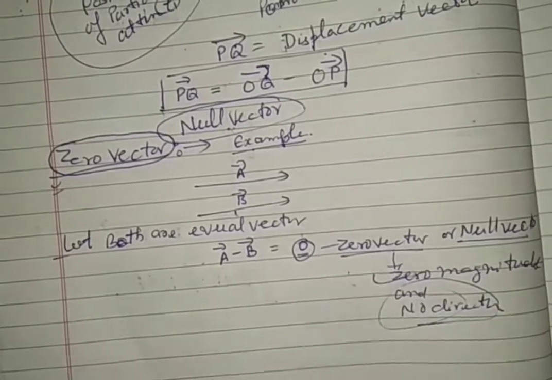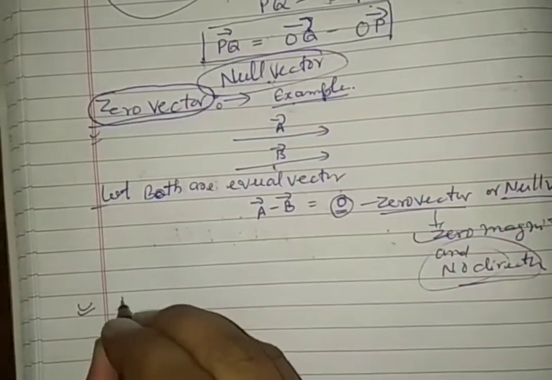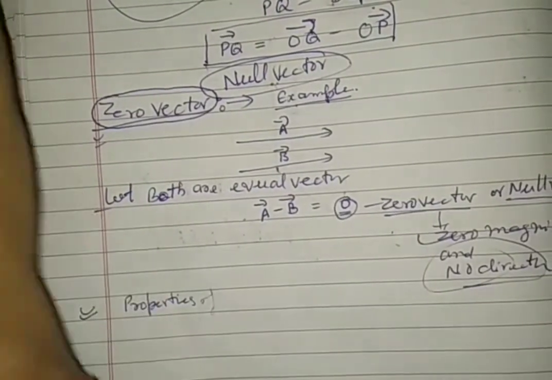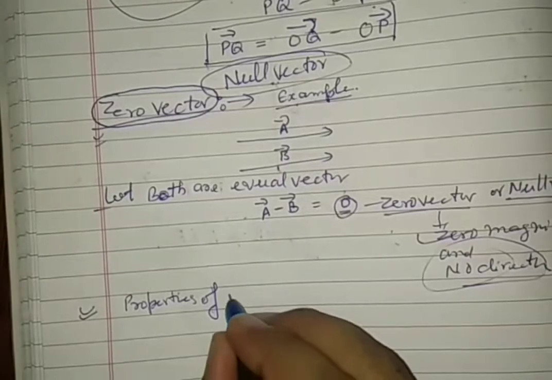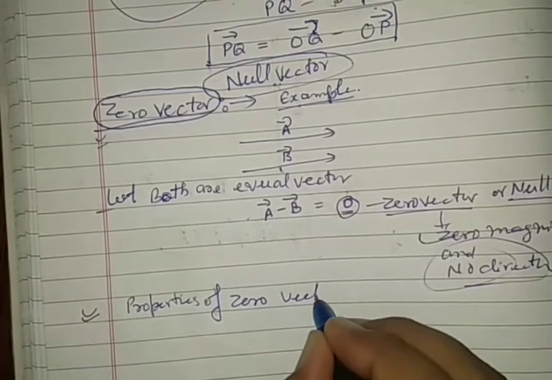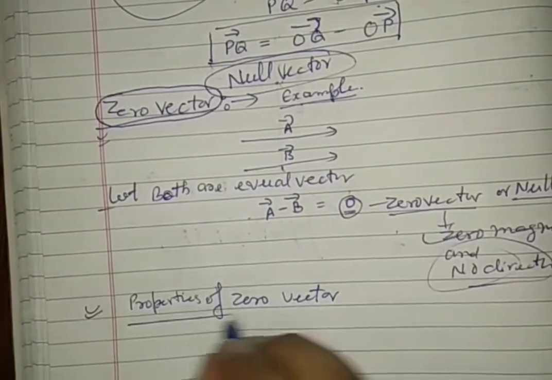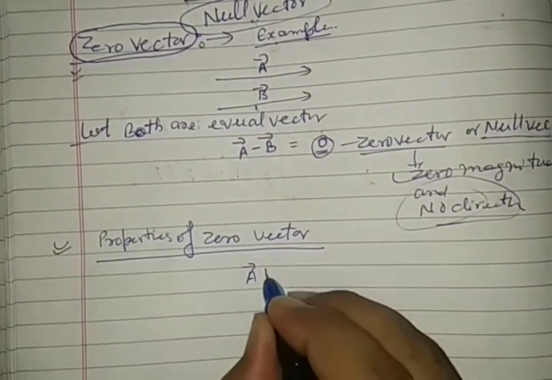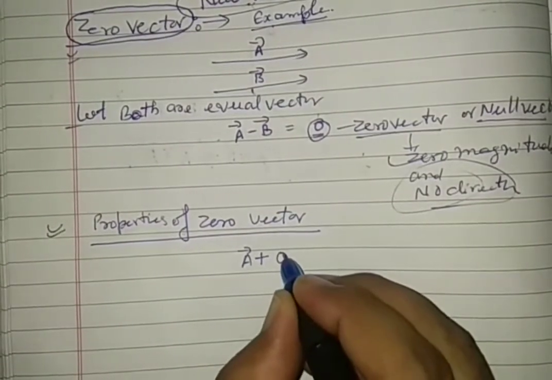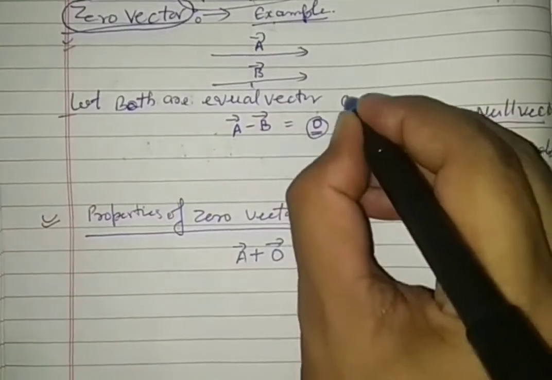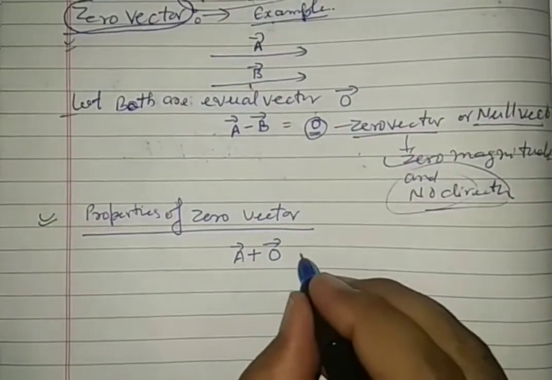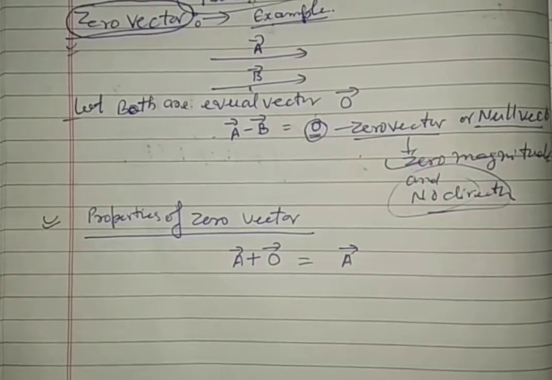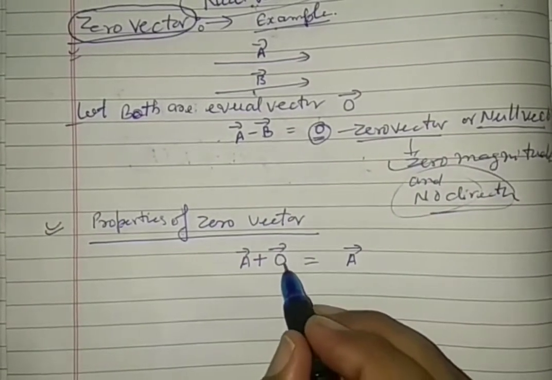So it has some properties. Zero vector. When we add a vector quantity A with zero vector, zero vector is represented by this symbol, then the resultant is a vector A. It must be clear.